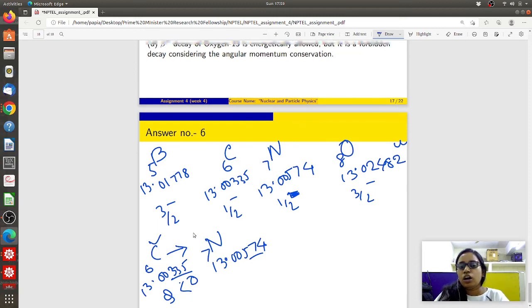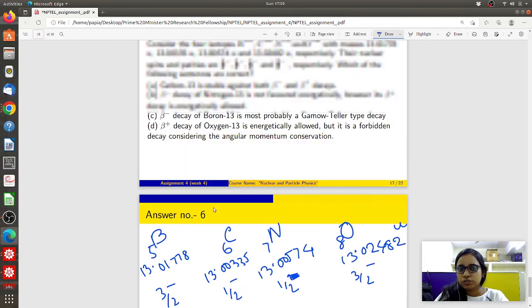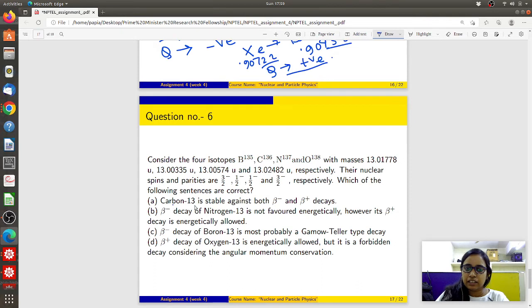The first option said that carbon 13 is stable against both beta plus and beta minus decays, but we have seen that beta minus is not possible here. We are not going into beta plus decay right now, because as beta minus is not allowed, this option A is not correct. So the first option will be incorrect.